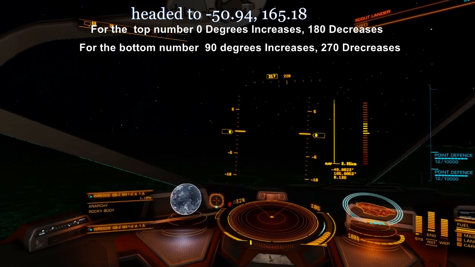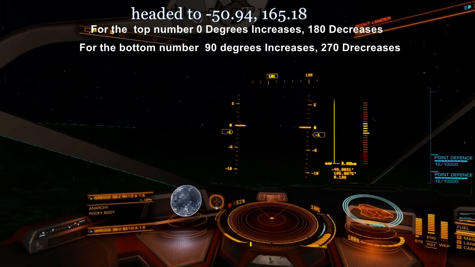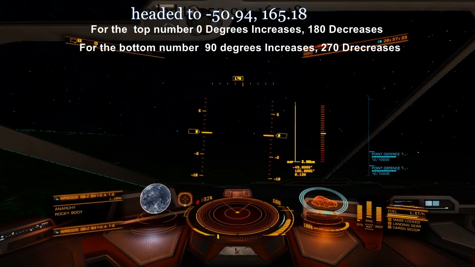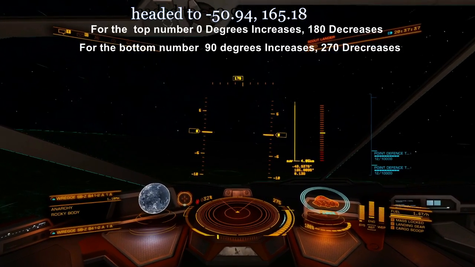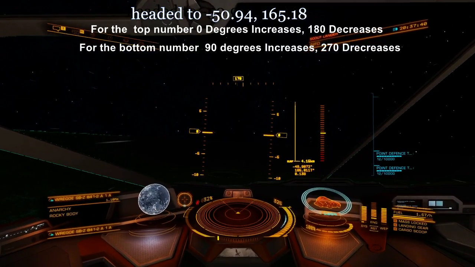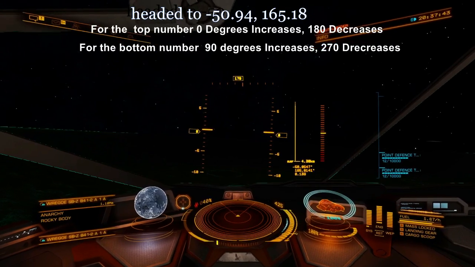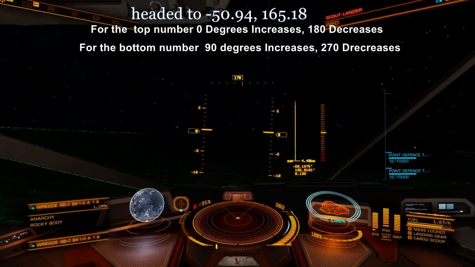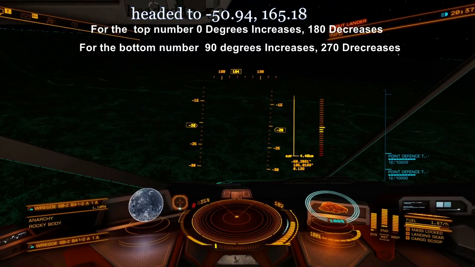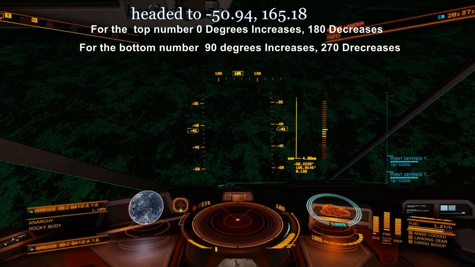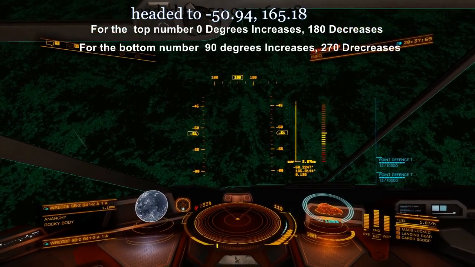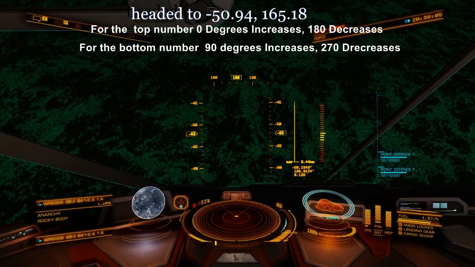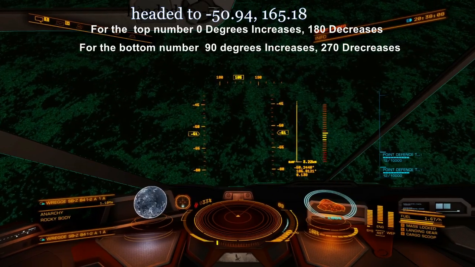We have to go to 180, which technically decreases the number. Top number.